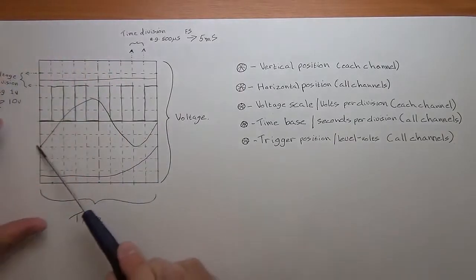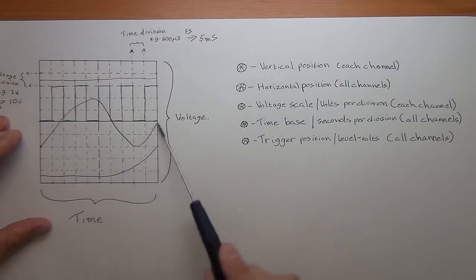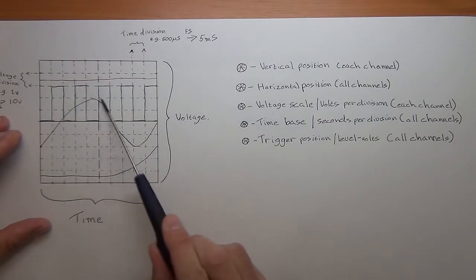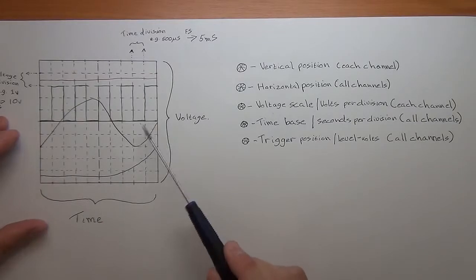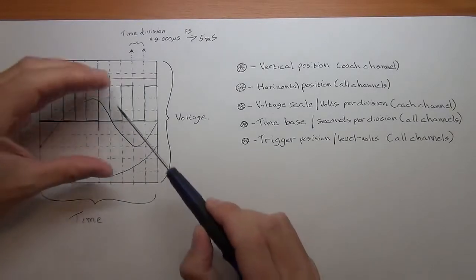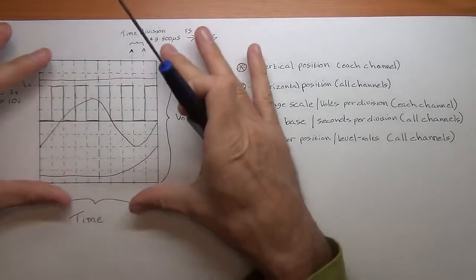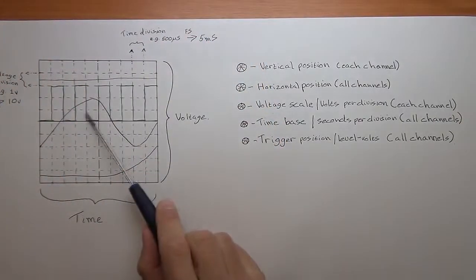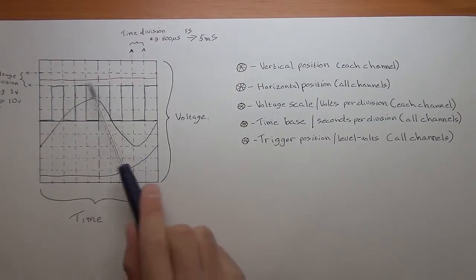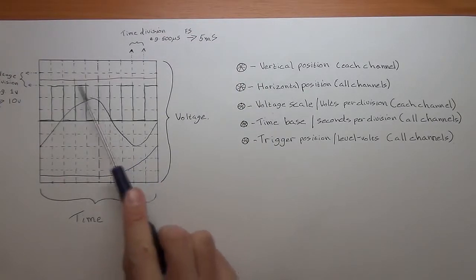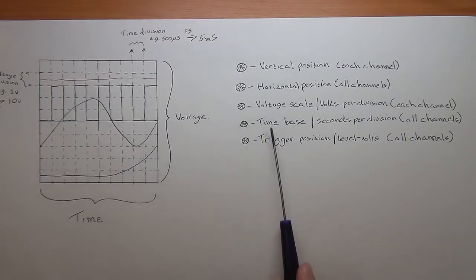So, as an example, with the sinusoidal wave, if you changed the scale at which you're viewing this, you could zoom in so that only the top part of the signal was in the display, so you had a zoom view. And that is by literally changing both the voltage scale and even the time base.